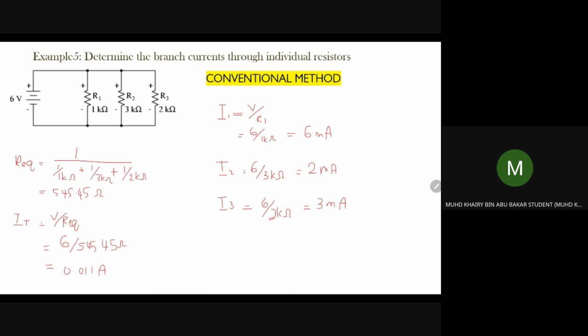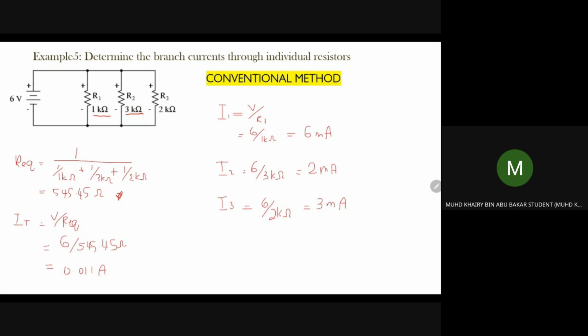Okay, last time when we did the calculation, we got a little bit of a difference between the conventional method and the voltage divider. This is because we have 3 resistances connected in parallel. For the conventional method, R equivalent is equal to 1 over, 1 over 1 kilo ohm plus 1 over 3 kilo ohm plus 1 over 2 kilo ohm. So you got 545.45 ohm.